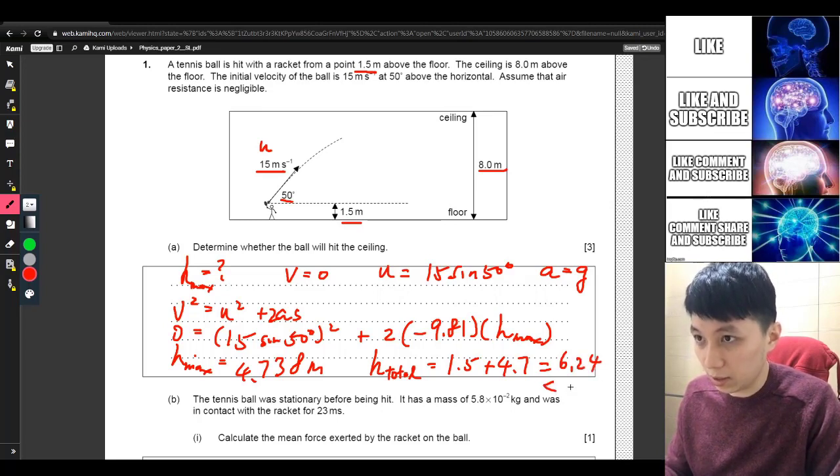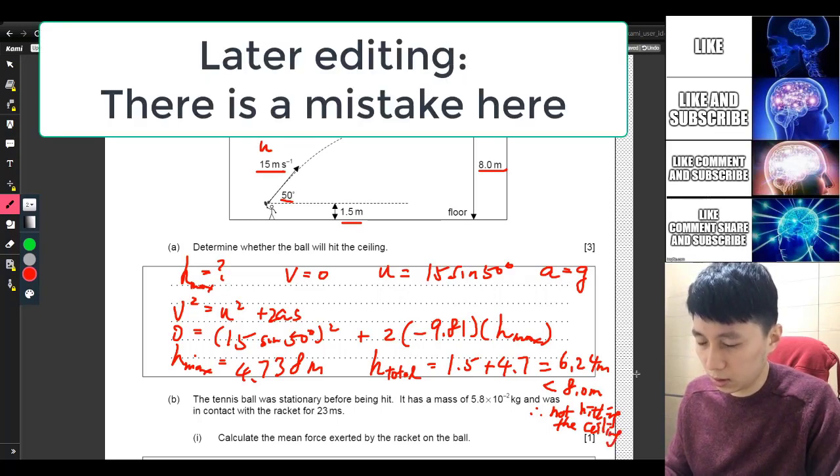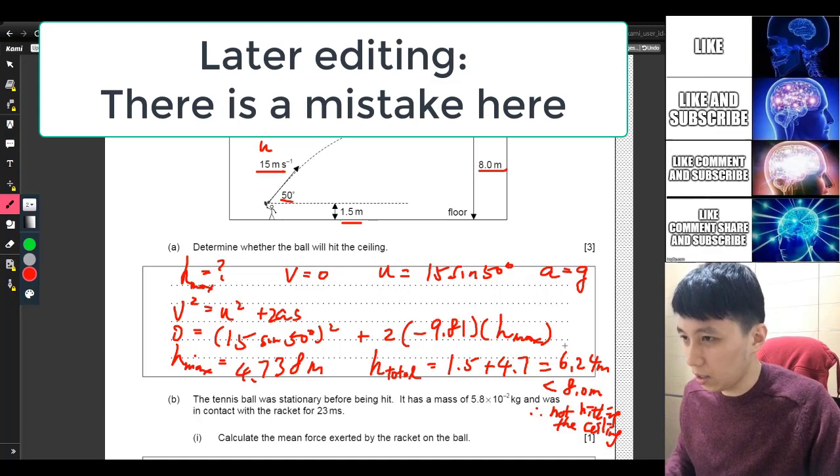So it's smaller than 8.0 meters, and so it's not hitting the ceiling, because it's obviously shorter. Okay, so this is part A.